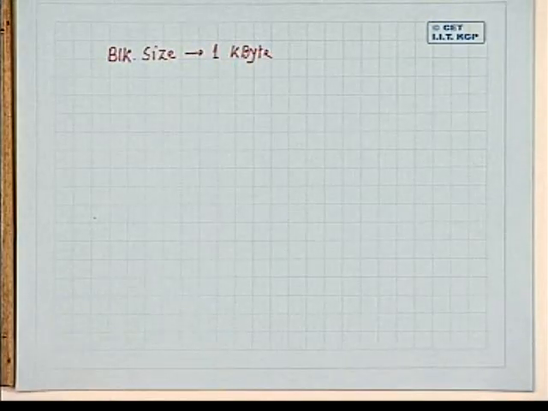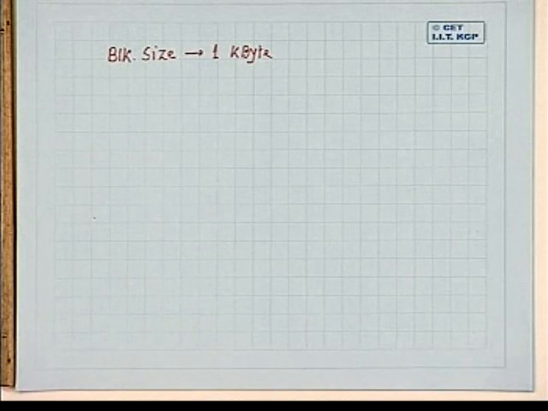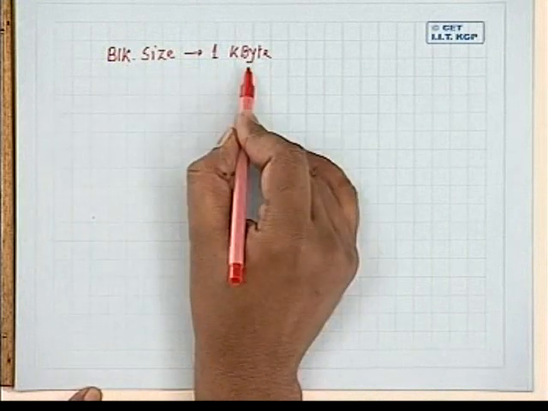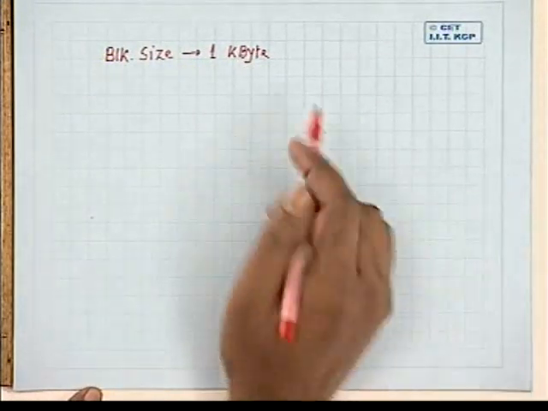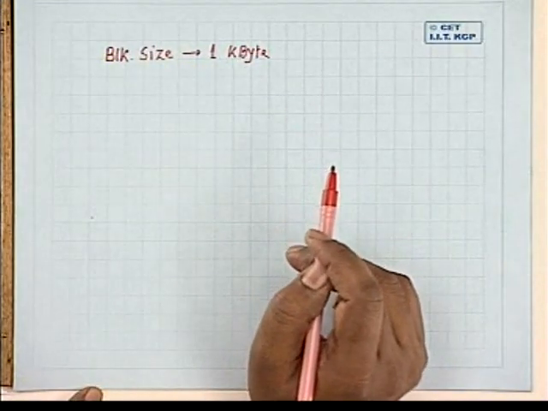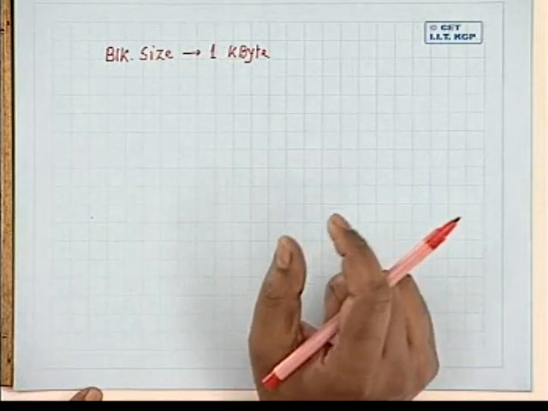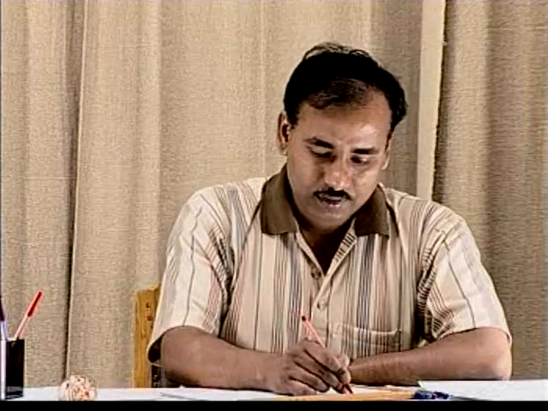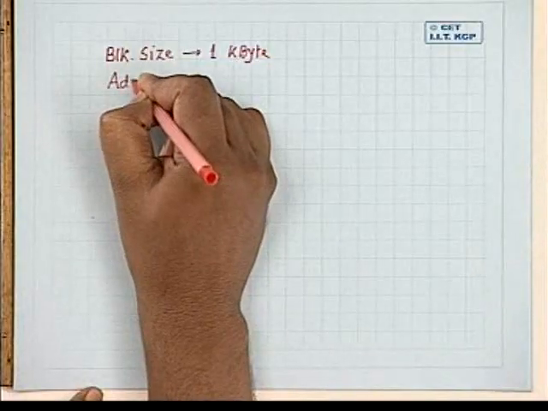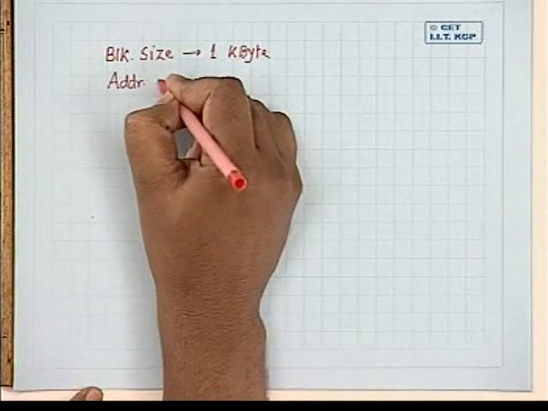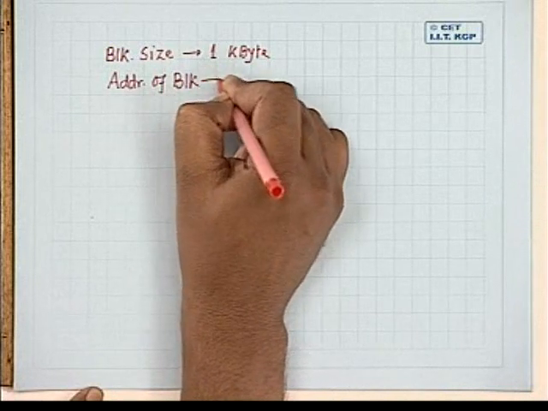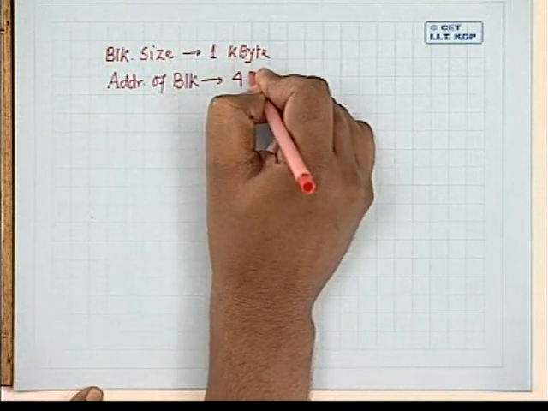Just to see how big a file can be following this table of contents. So every block on the disk is 1 kilobyte. And if I assume that the address of a block takes 4 bytes.